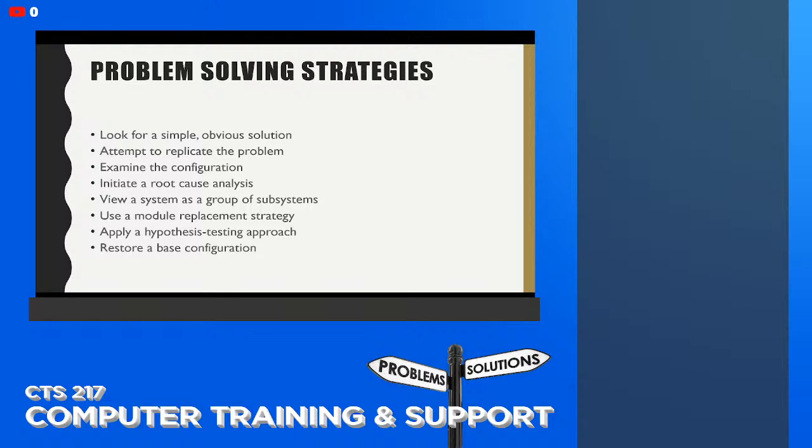So we take a problem and we break it down into its parts, into its subsystems. That's something that we talk about in programming a lot, too, like binary sorts and things of that nature, when we break apart a problem into different paths.